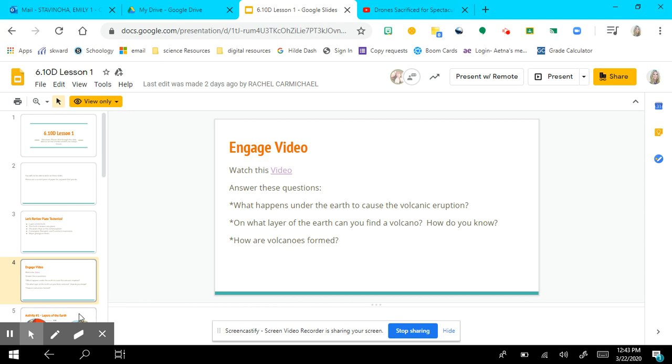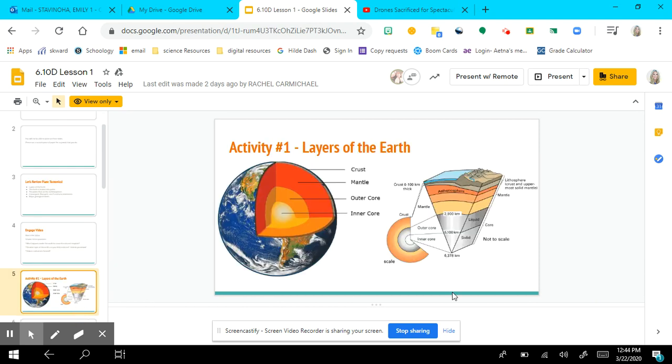So moving on, we're going to look at activity 1, and this is the layers of the earth. Remember, from the outermost, which is the outside, to the innermost, which is the inside, we've got our crust, our mantle, our outer core, and then our inner core. Remember that our crust is the very thinnest layer. Okay, so up here we've got our crust.